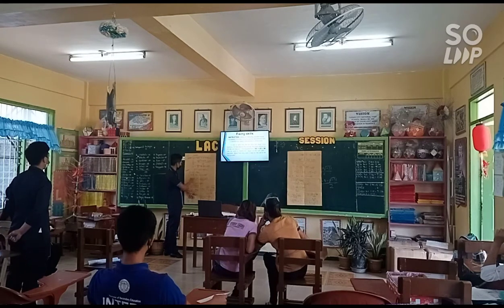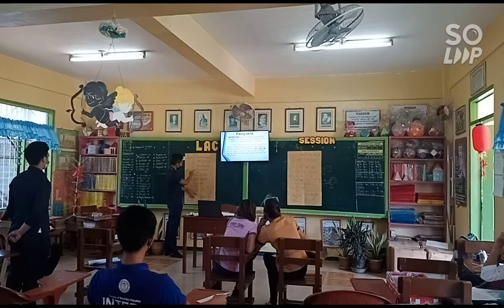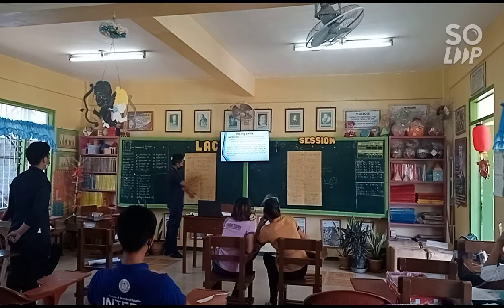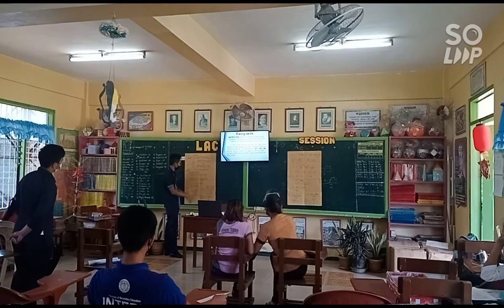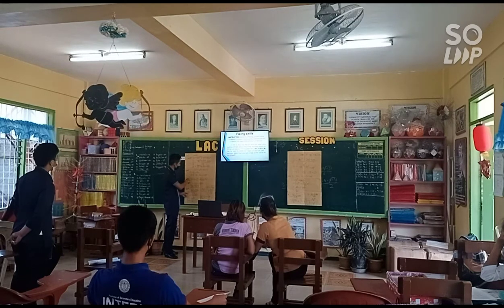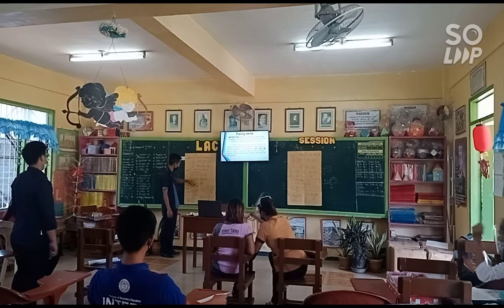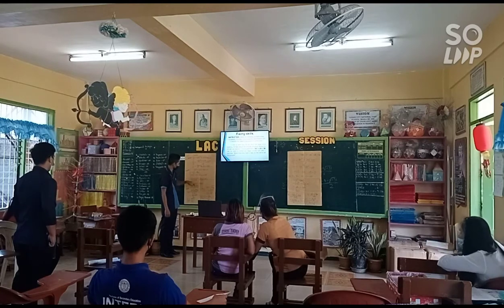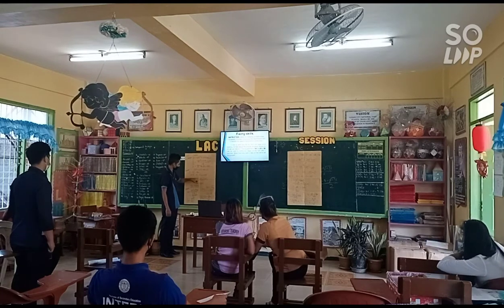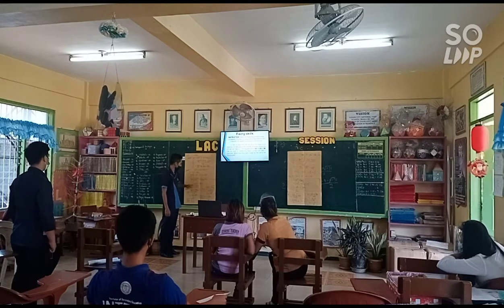So now let's find the values of a, b, and c. Our a is equal to 8, our b is equal to negative 10, and our c is equal to negative 25. Our formula for the discriminant is b squared minus 4ac. So negative 10 squared minus 4 times 8 times negative 25.